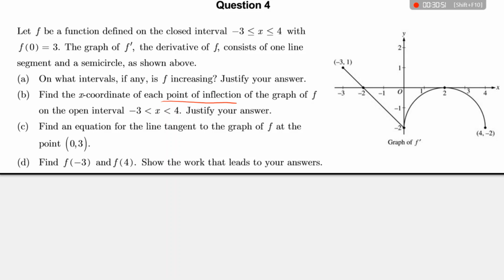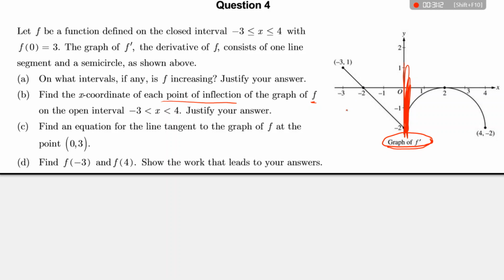If I want the point of inflection of f, a point of inflection is whenever the second derivative changes sign. Because this is already the first derivative, the slope of this graph will change around any point of inflection. So I've got 2 points where we change slope.